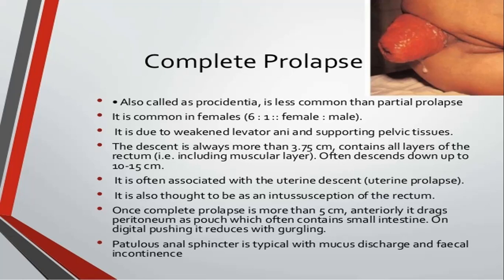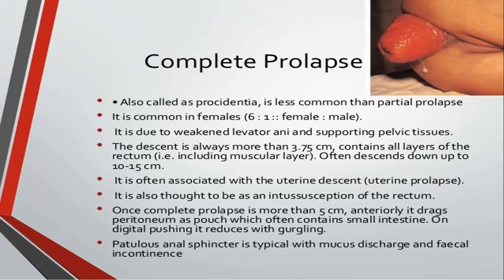It is basically a procidentia. They are less common than partial. Number one, it is more common in females, with a female to male ratio of 6:1. It is due to weakened levator and supporting pelvic tissue.